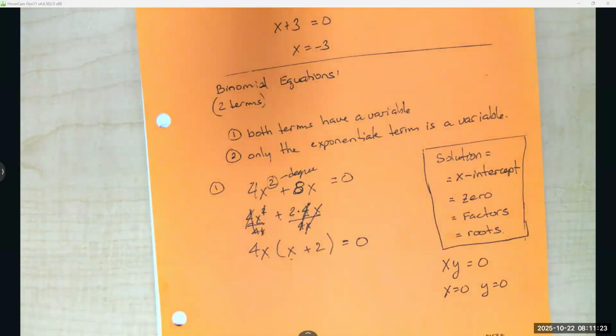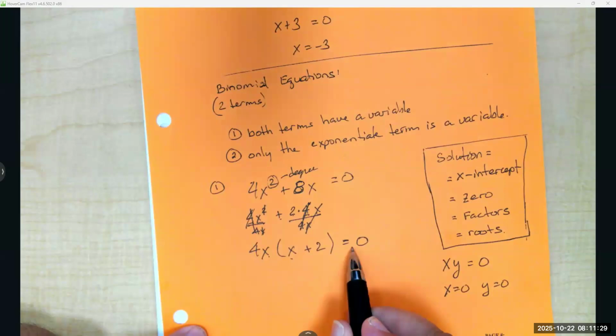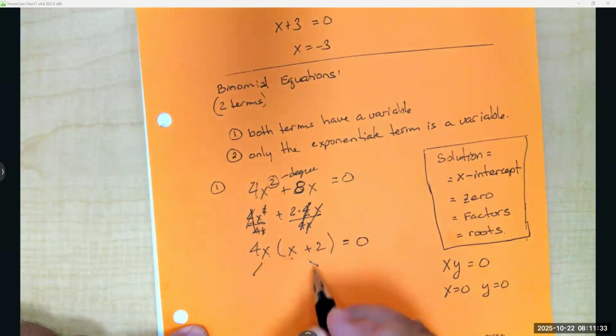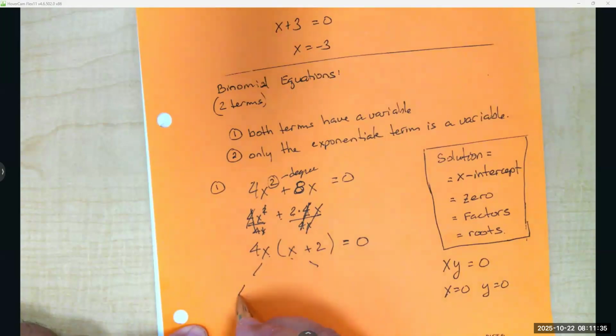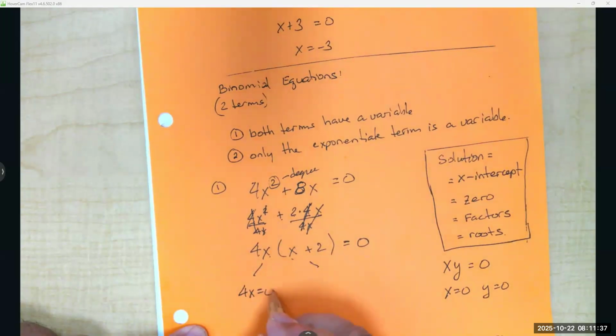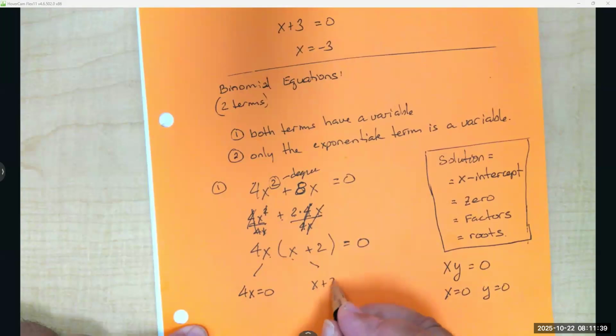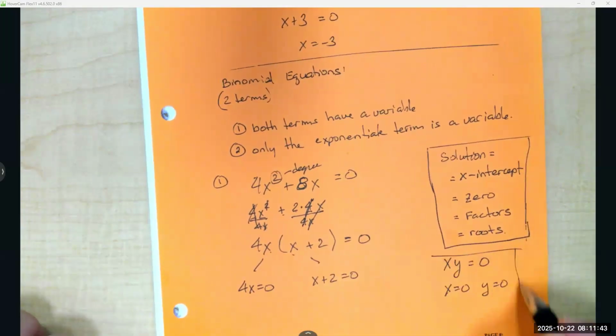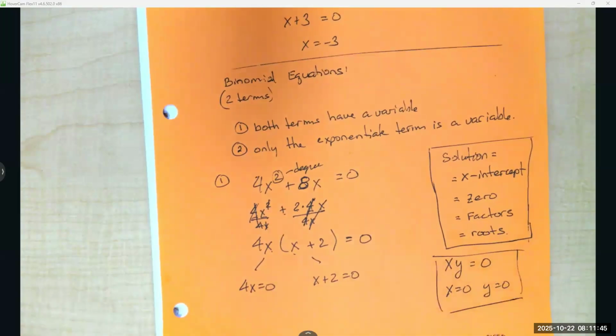Anything times 0 is 0. So here we have two equations. It has to equal 0. So what has to be true? Anything that has an x, we set it equal to 0, according to the zero product principle.